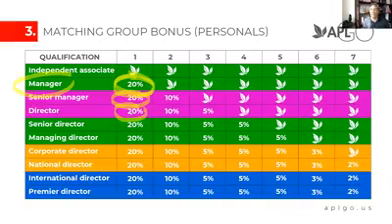It's really, really exciting. So there's a check match. We check match up to 9 levels. We match up to 9 levels in the group bonus. And remember, you can go up to 8 legs wide.